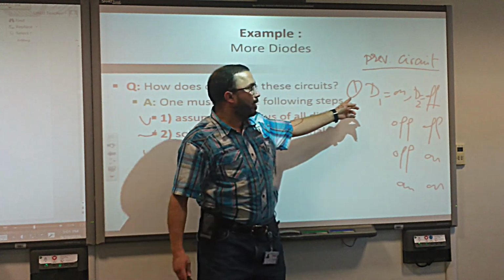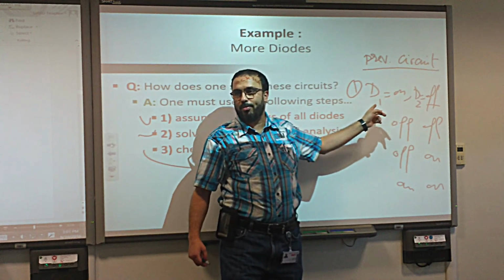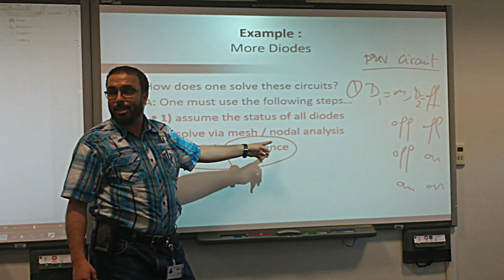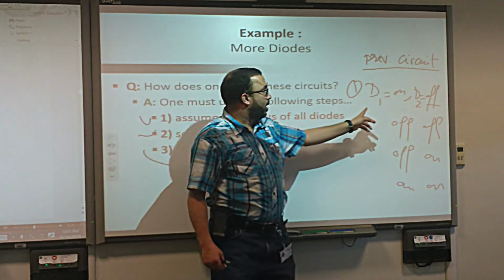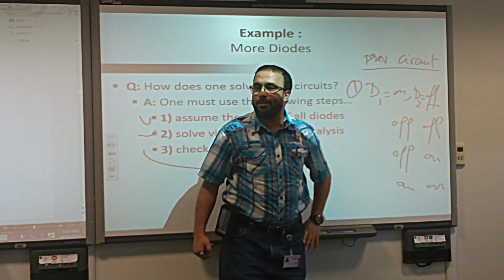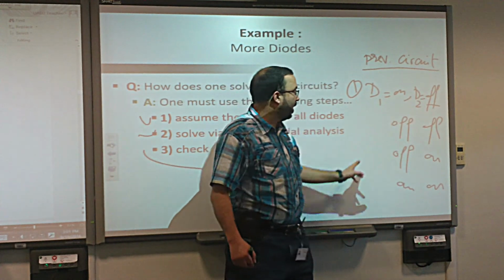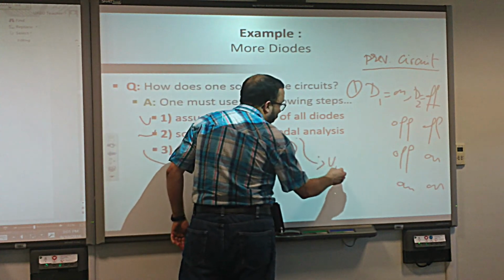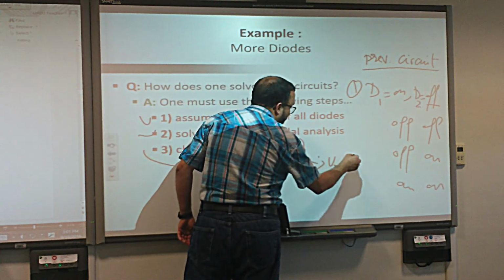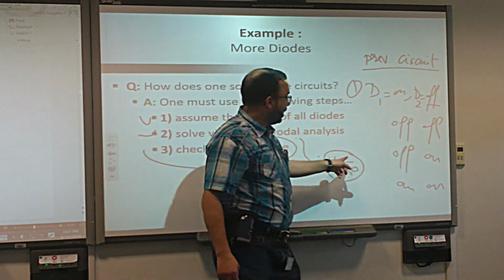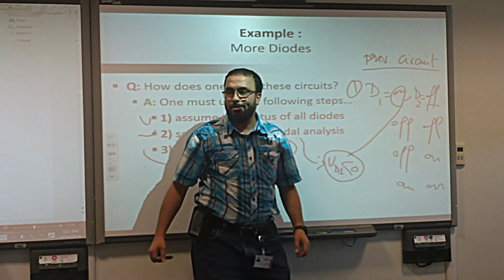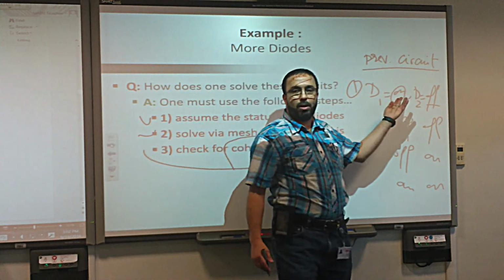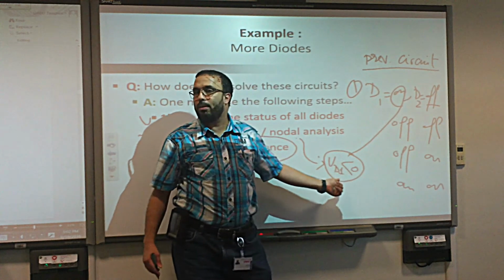For example, if we take this first assumption, and after doing the analysis we find the voltage across D1 is negative, is it in coherence? Let's say we solve this and we found that VD1 is actually less than 0. Is this in coherence with the assumption? No, it's contradictory. On one side we say it's on, and the result says it's off.